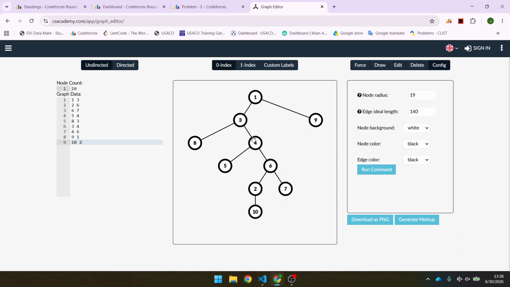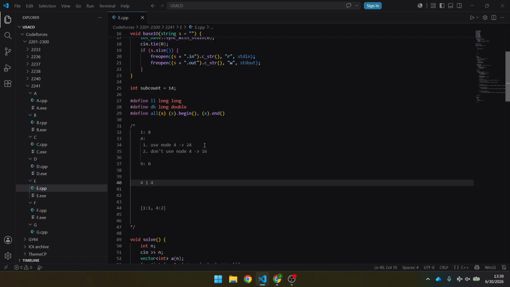And then now you can choose to use this 4, or you can choose to not use this 4. If you use this 4, then it's just choose two of the subtrees. You can call them subtrees. So if you use two of the subtrees, then the answer will get 24 because it's 4 times 1 plus 4 times 4 plus 1 times 4 equals 24.